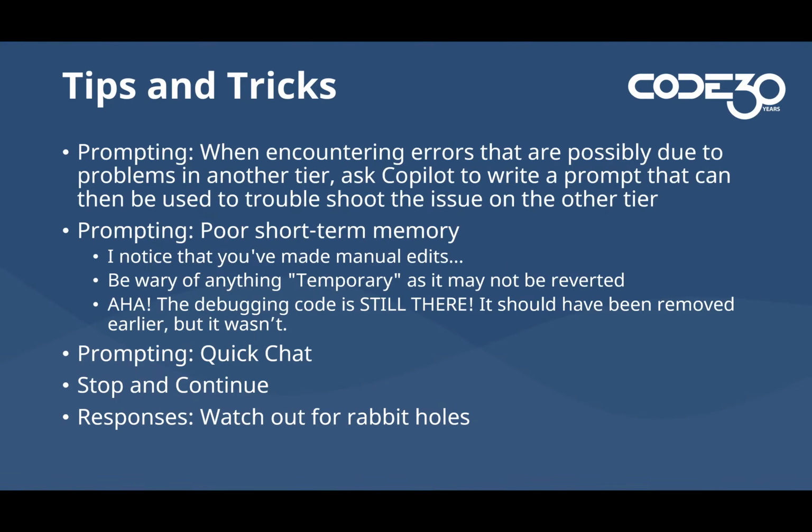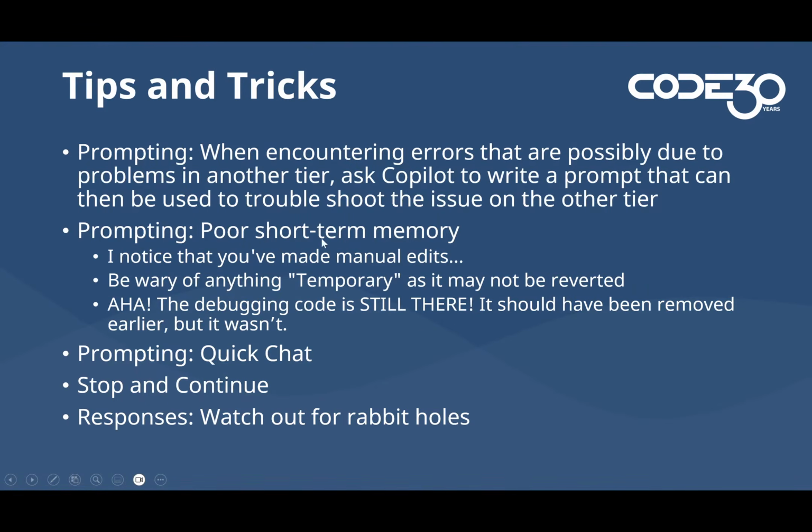You can just ask in the chat window for the front end to create a prompt to investigate that issue on the back end. It will spit out a whole series of information that you can then just paste into the chat window for the solution on the back end that will help it figure out what the issue is and fix it. I found that worked really well.